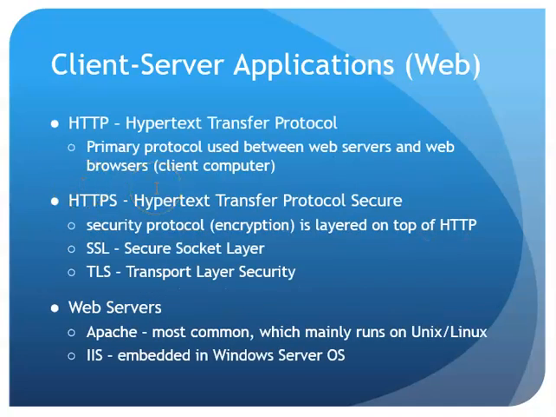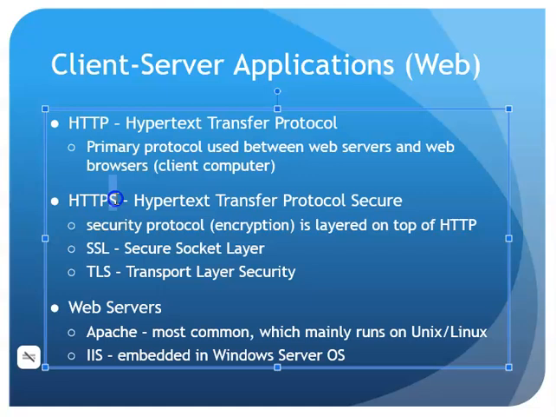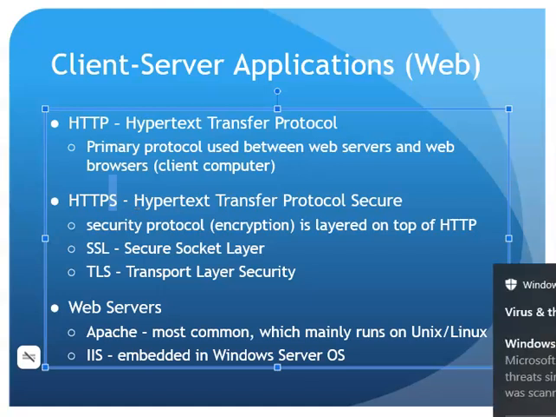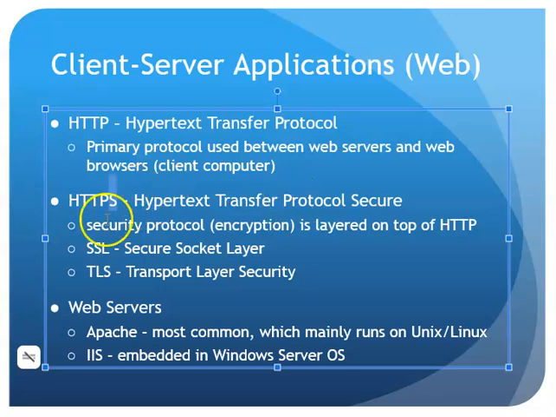Now, if I want it to be secure, which many websites now are, your HTTP adds security out here on the end, S, through things like SSL or TLS, Secure Socket Layer or the Transport Layer Security. So that web request is now encrypted. And we see that when I log into a bank and do banking, or I log into my email. A lot of times I will get that encryption notification.